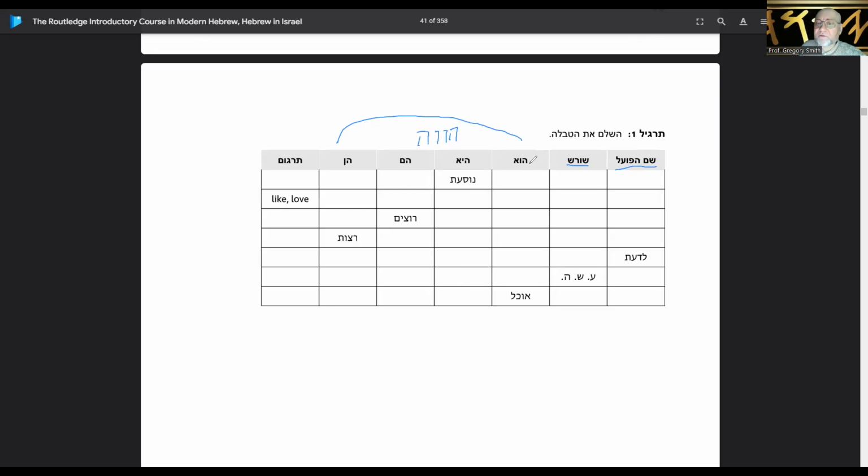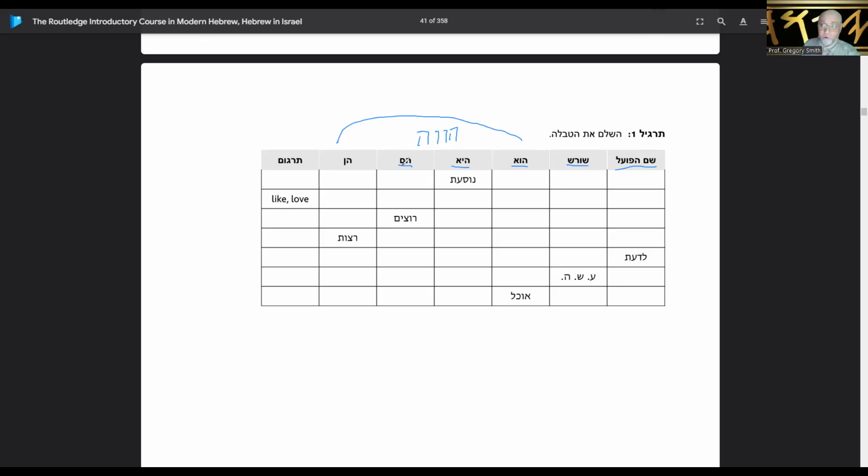And so what do you have? You have hu, which represents he. He did something. Then you have hi, which represents she in Hebrew. She did something. You have hem, which represents they did something, either in mixed plural or masculine plural.